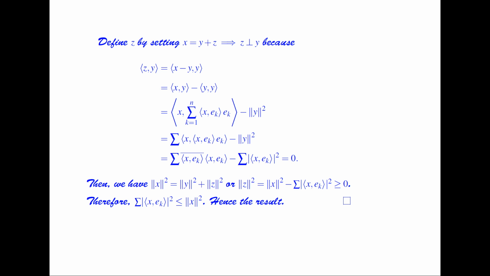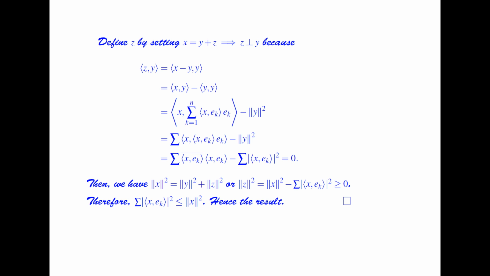So this is equal to the summation of the conjugate of the inner product of x comma ek times the inner product of x comma ek, minus the summation of the modulus of the inner product of x comma ek squared, which is equal to 0. So then we have the norm of x squared is equal to the norm of y squared plus the norm of z squared, or the norm of z squared is equal to the norm of x squared minus the summation of the modulus of x comma ek squared, which is greater than or equal to 0.